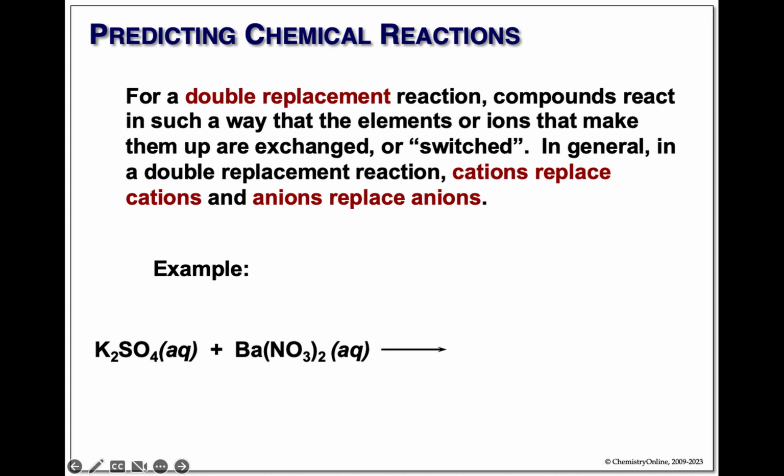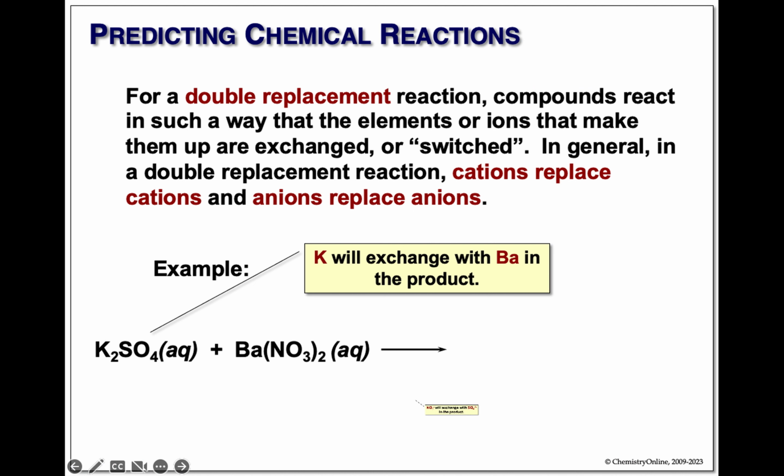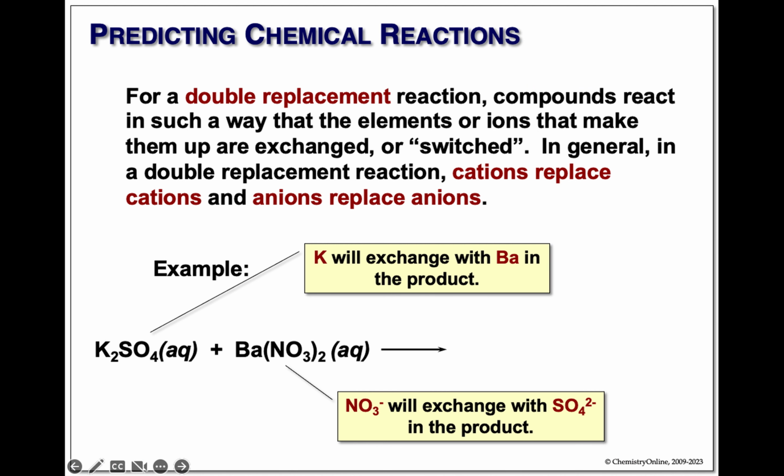If we take potassium sulfate and barium nitrate, both in aqueous solution, mix them together, we will get an aqueous solution of potassium nitrate and barium sulfate solid. The barium swaps out, pairs with sulfate. The potassium swaps out and pairs with the nitrate.